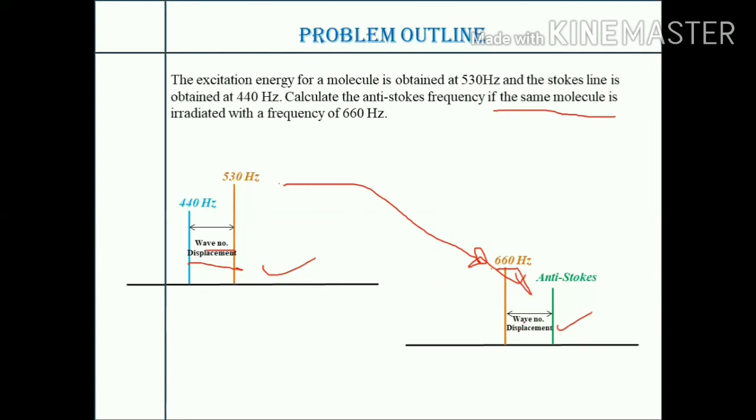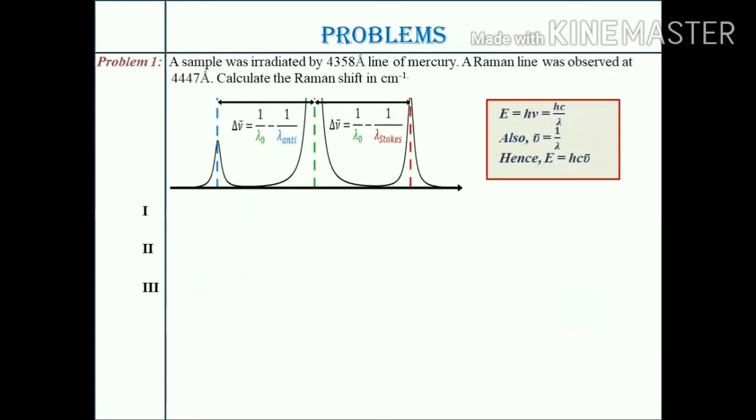You add the wave number displacement to the Rayleigh scattering and you get the value of the anti-Stokes. This is the concept on which most problems of Raman spectroscopy are solved. If you have grasped this concept, you'll definitely be able to solve the problems of Raman spectroscopy. Now let's proceed to our specific problems.